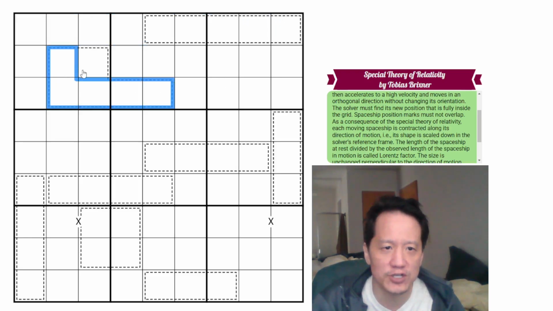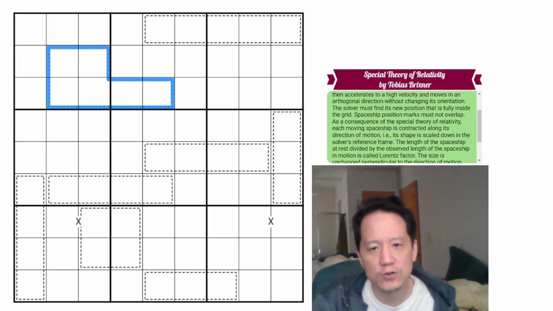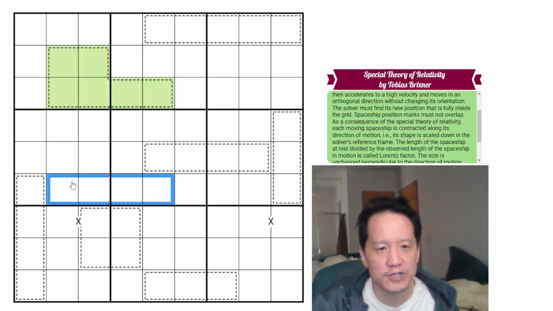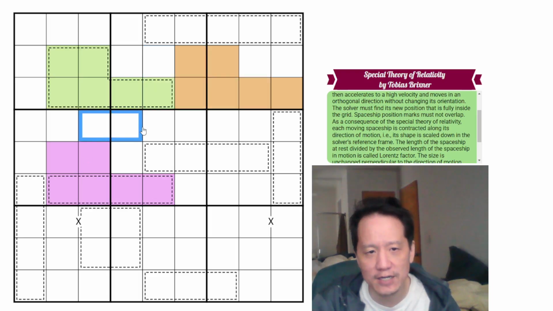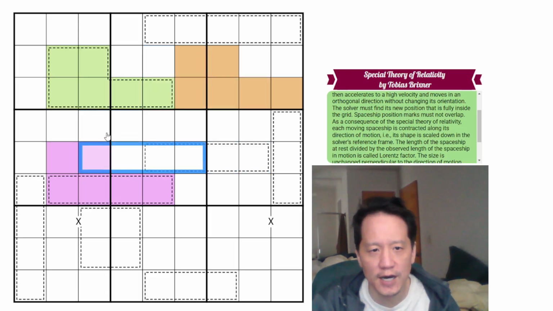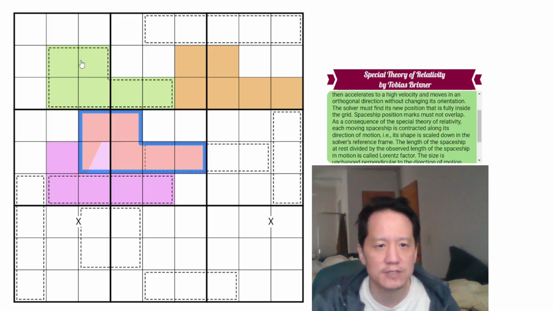This spaceship could go somewhere down here, or it could move along here. It just cannot move diagonally, it seems. So this is not valid because it's moving in two directions at once, which I guess is not allowed.